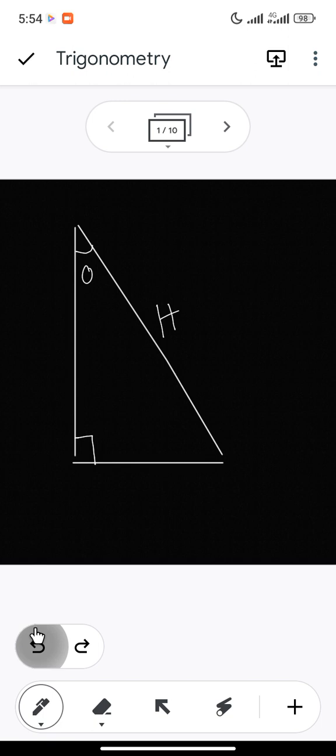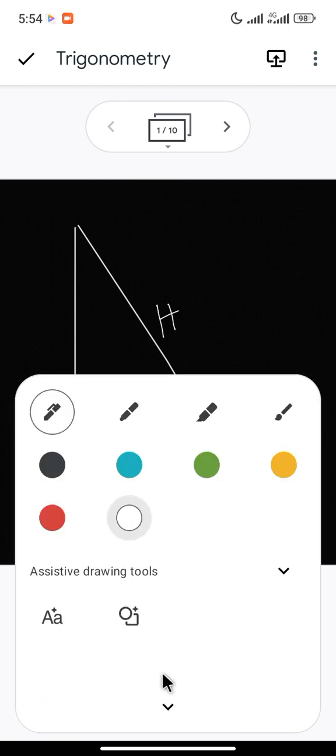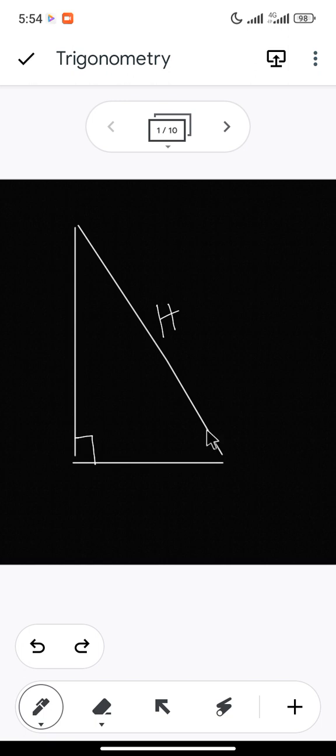So if we are to draw the reference angle in another place, let's say here, this is the line that both angles are resting on. So this is the adjacent, and this place is where the angle is facing. So this is the opposite.